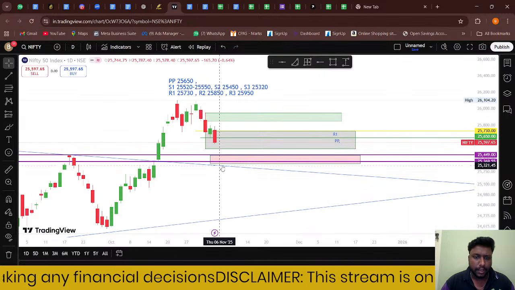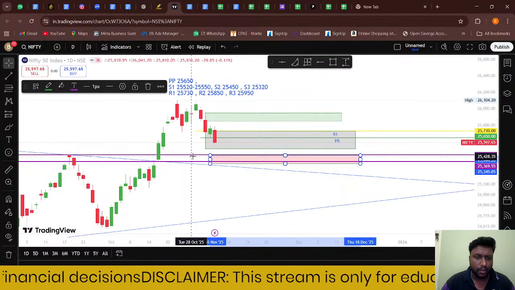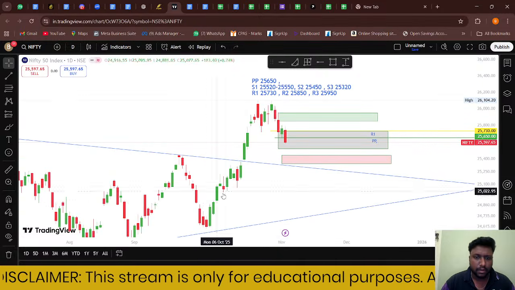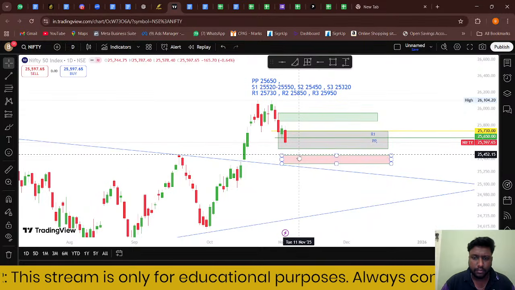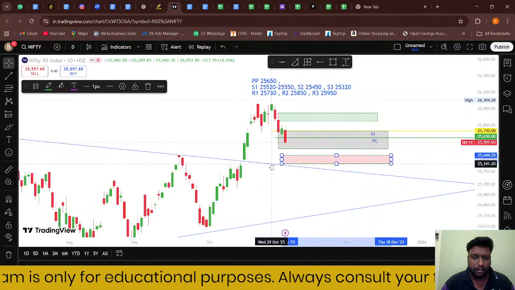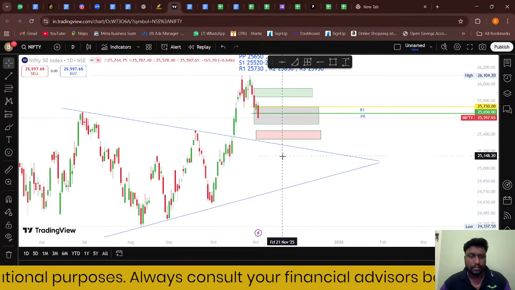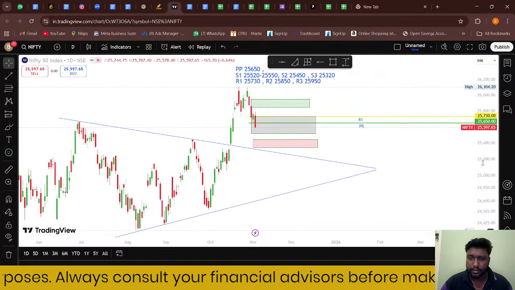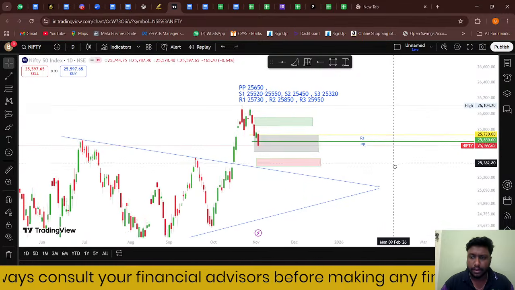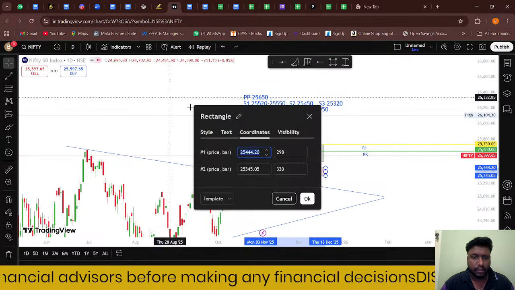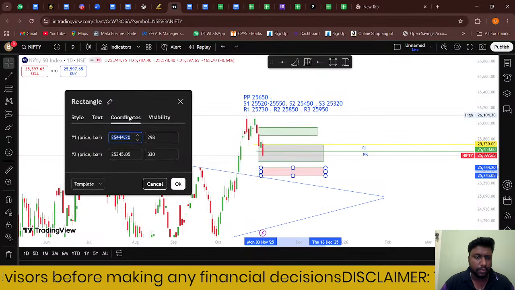So we'll mark the bearish zone. I'll remove these lines. We are coming back to the symmetrical triangle pattern which we drew earlier, back in previous days, so we might have a chance of retesting it. We will mark the bearish zone for the day with respect to the pivot line.